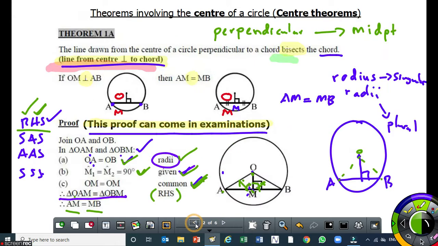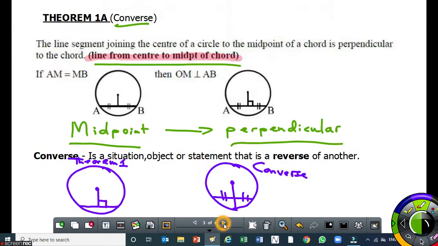For the original theorem, it would indicate that a line that passes through the center is perpendicular to the chord, but it won't be indicated that the chord is bisected. But you have to be aware that that line which passes through the center, which is perpendicular to the chord, is a bisector of the chord. So the first theorem proves the bisecting, and the second one proves it's perpendicular. The original theorem proved the bisection of the chord. The converse proved the fact that the line which passes through the center is perpendicular to the chord.